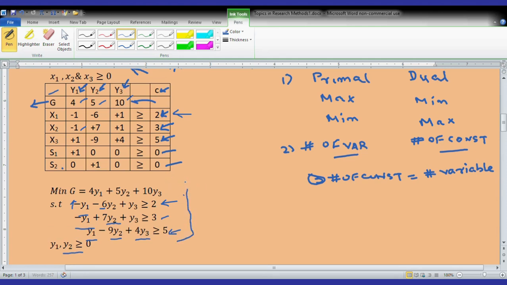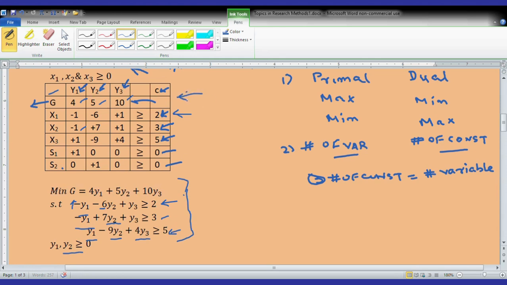So see that if you are systematic, you will be able to convert any primal into dual by writing down this table.